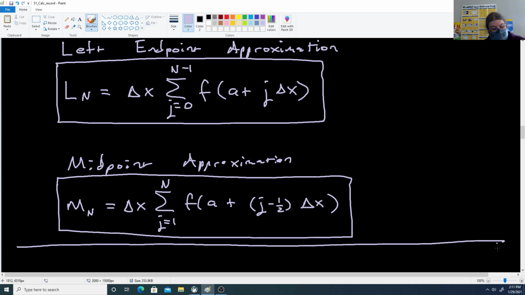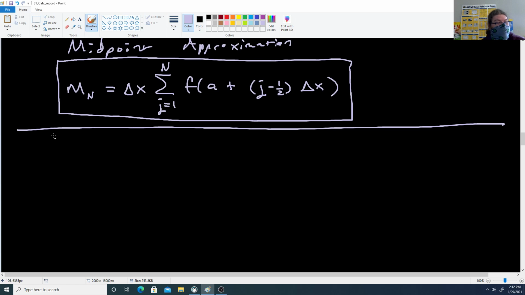So we're going to do an example that has us find each of these approximations for a certain function, and then after that we'll probably pause part 2 there, and then we'll finish stuff up in the final section.